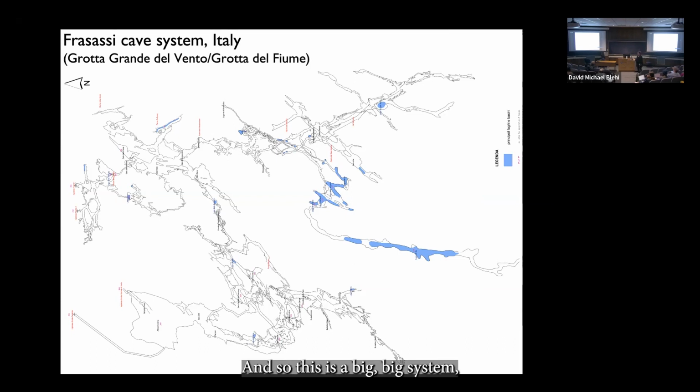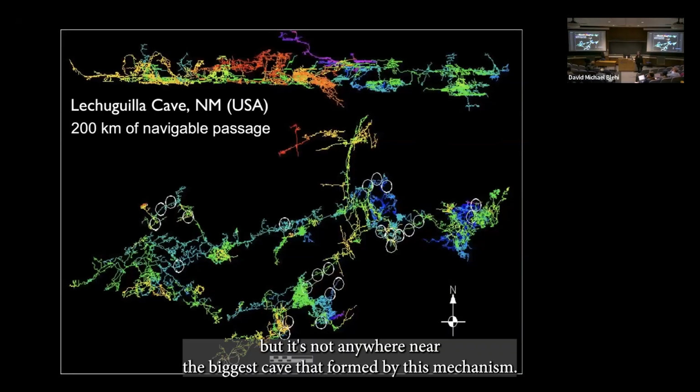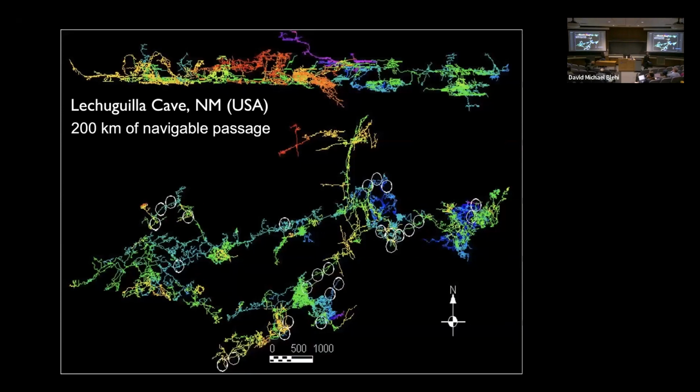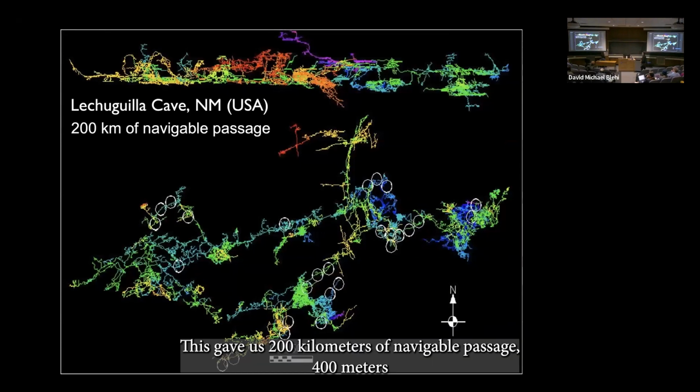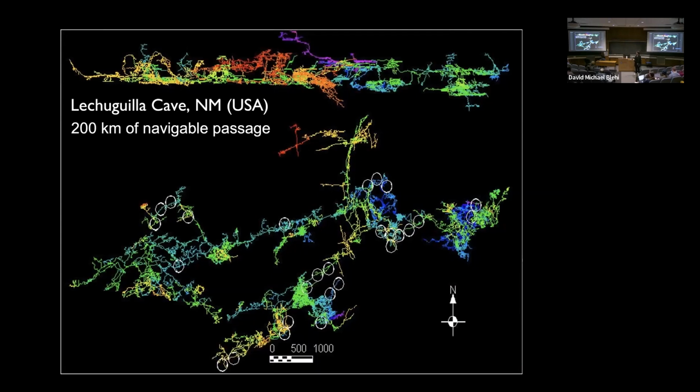And so this is a big, big system. But it's not anywhere near the biggest cave that formed by this mechanism. The biggest one we know about is La Chuvilla Cave, which is in New Mexico. This cave has 200 kilometers of navigable passage, 400 meters in depth, and it's just spectacularly big.